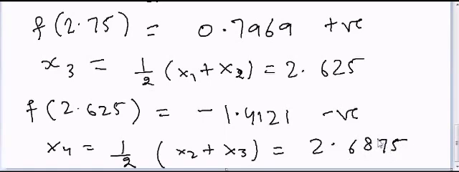So that is the closest root we have calculated by the partition method, or bisection method. And this is not the exact answer, but this is a way of approximation.